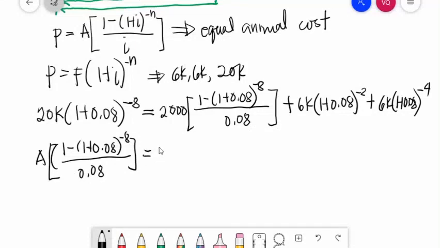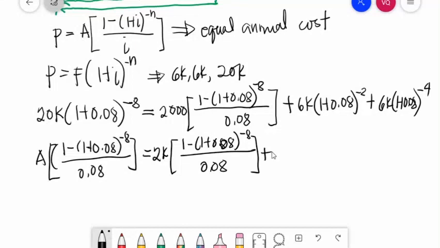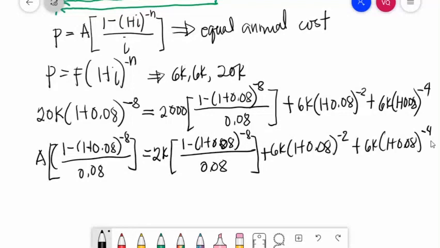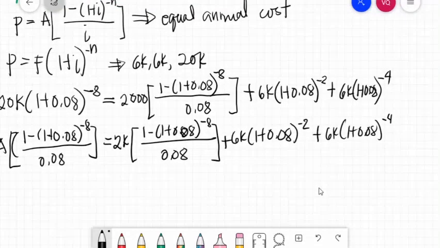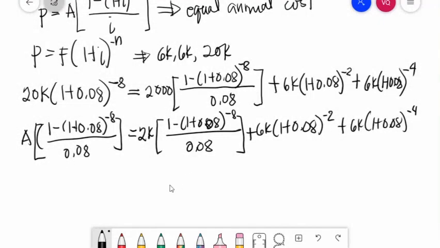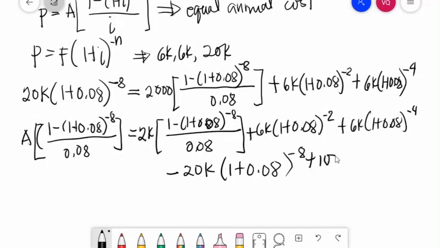So, equal to 2K times 1 minus (1 plus 0.08) raised to negative 8, divided by 0.08, plus 6K times (1 plus 0.08) raised to negative 2, plus 6K times (1 plus 0.08) raised to negative 4, minus the 20K times (1 plus 0.08) raised to negative 8, plus 100K.